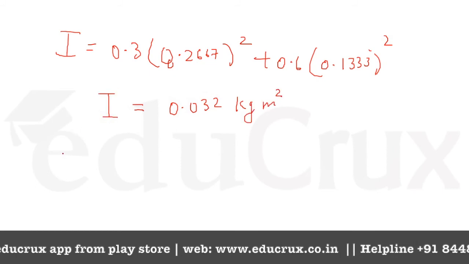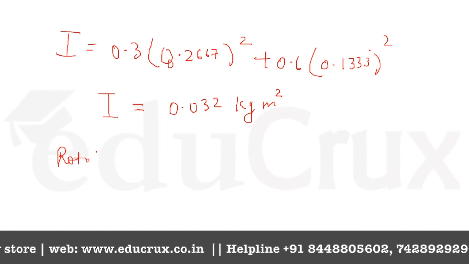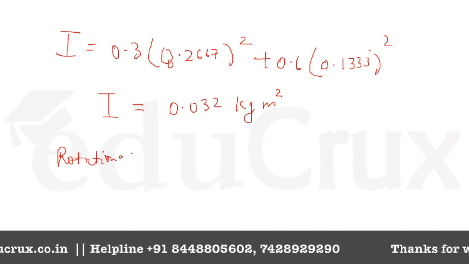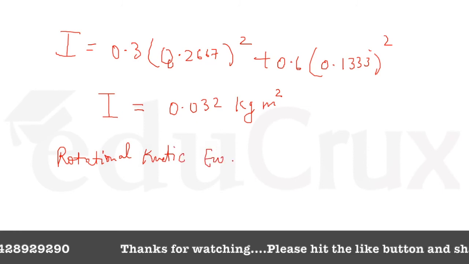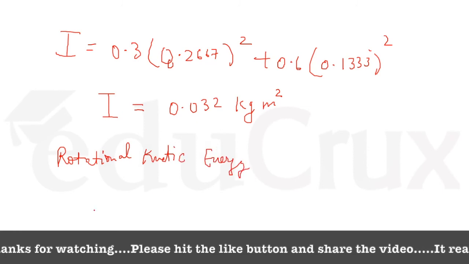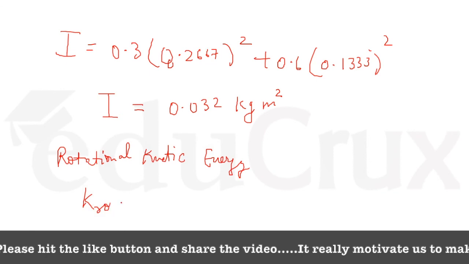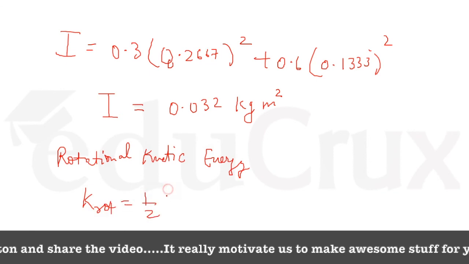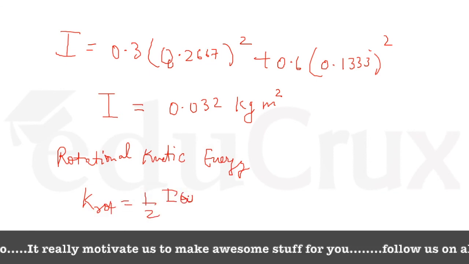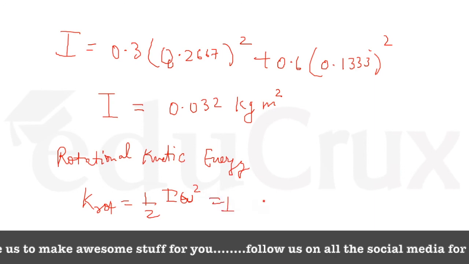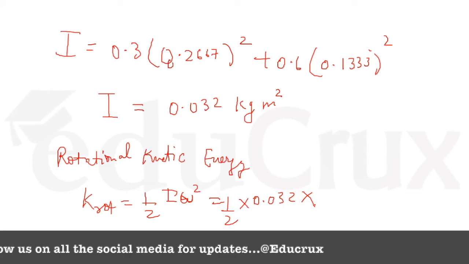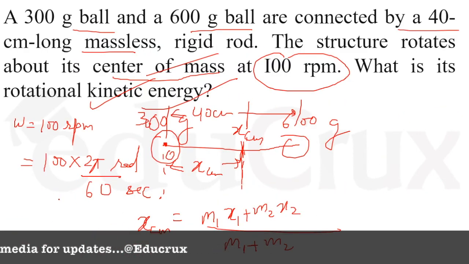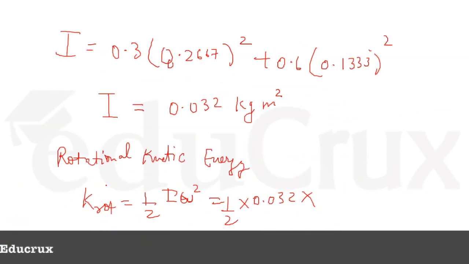Now for calculating the rotational kinetic energy, we have K rotational is equal to half I omega square. So half into 0.032 into omega, which we calculated as 100 into 2 pi by 60.